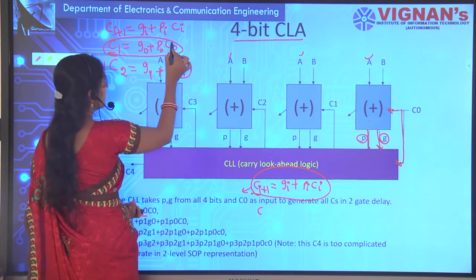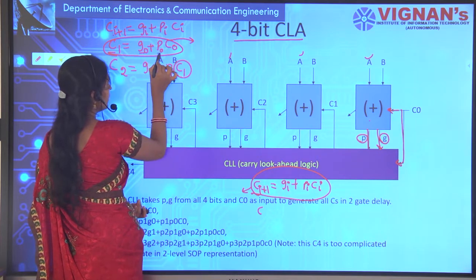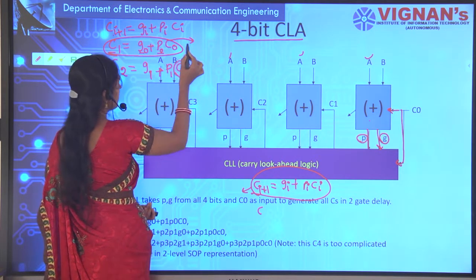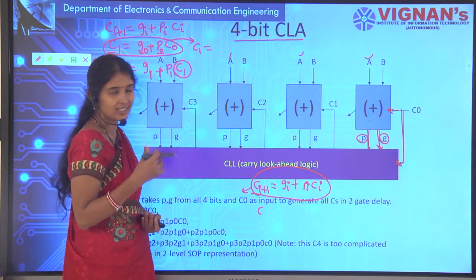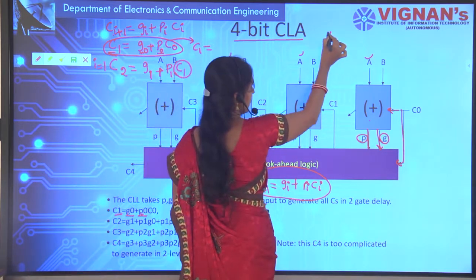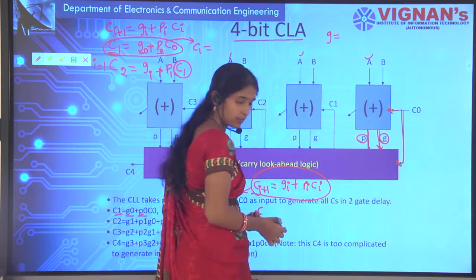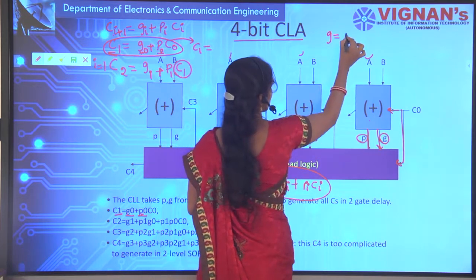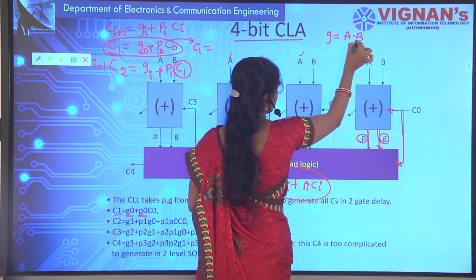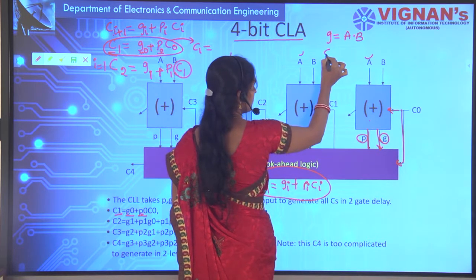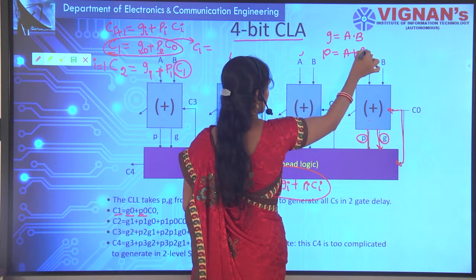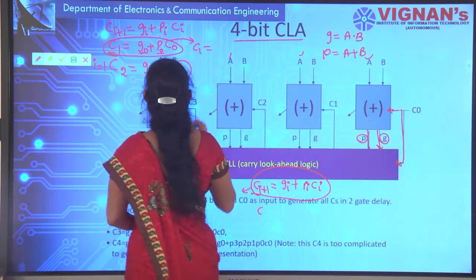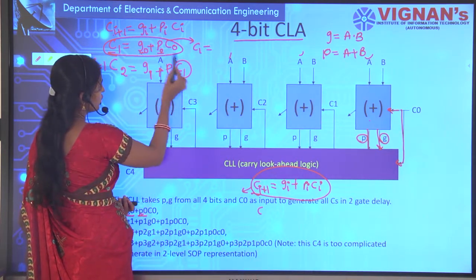And again you know what your G and P are. How is a carry generated, as I have explained? Carry generated is equivalent to A into B. How is carry being propagated? A plus B. So substitute here, you will be getting it.